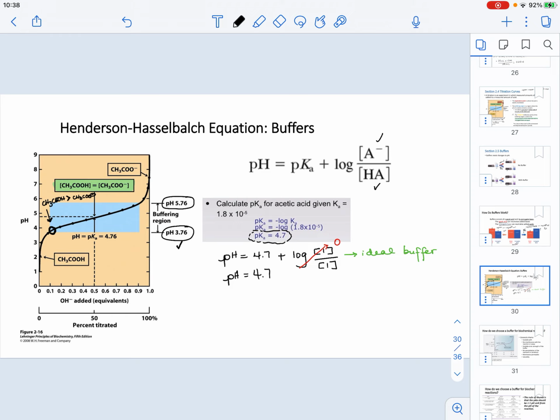Because at this point, we are just starting to add base. So the concentration of acetic acid is going to be higher.